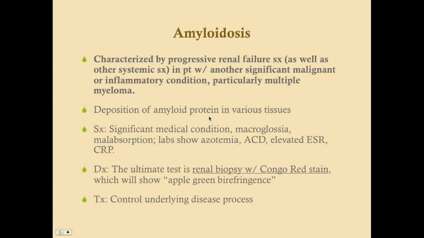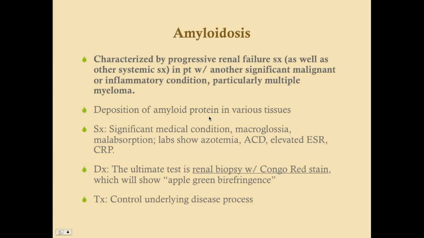Amyloidosis is characterized by progressive renal failure as well as other systemic problems in a patient with another systemic malignant or inflammatory condition, particularly multiple myeloma. So these patients have something else. They've got breast cancer, they've got multiple myeloma, they've got inflammatory bowel disease like Crohn's disease or ulcerative colitis. They've got something else that's a lot bigger of a deal.